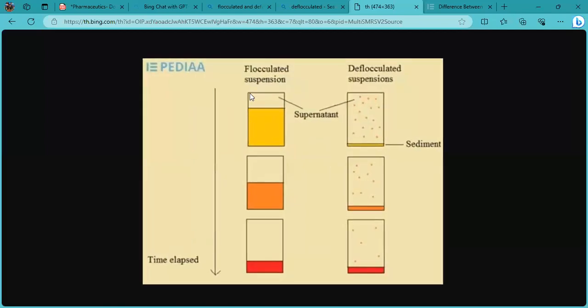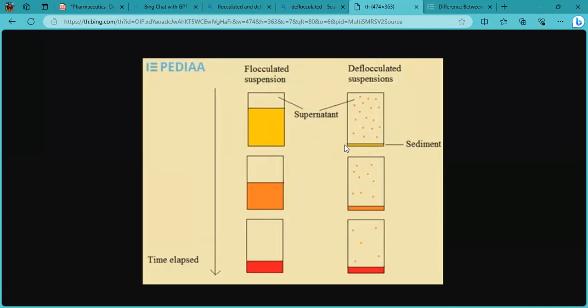I think we did this practical one time. You first shake your suspension as it is. And this is the flocculated and deflocculated. Because this one takes a much longer time to sediment at the bottom, it will form a thin layer and you'll still see particles redispersed.